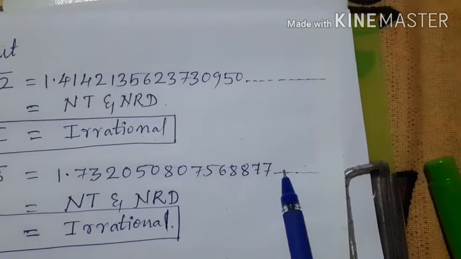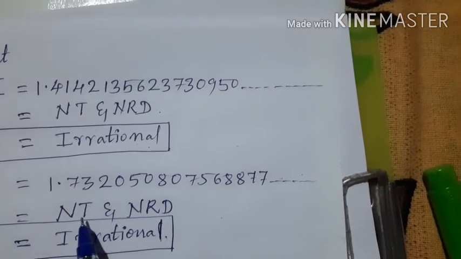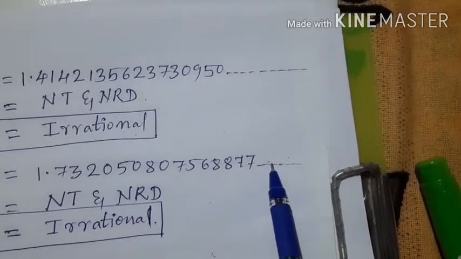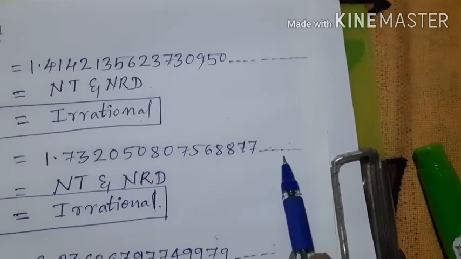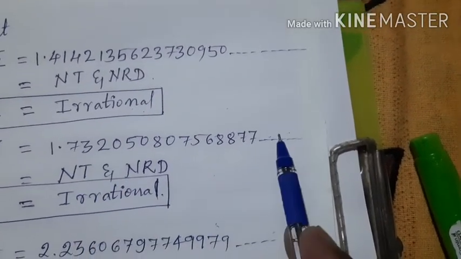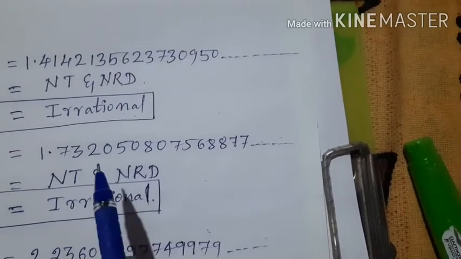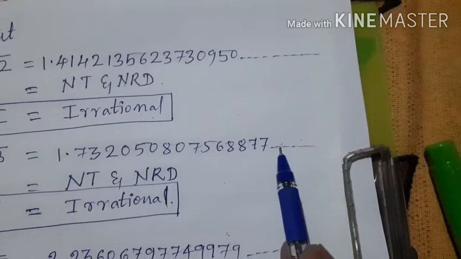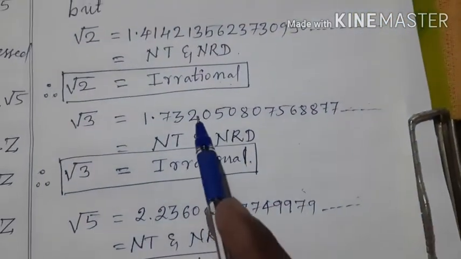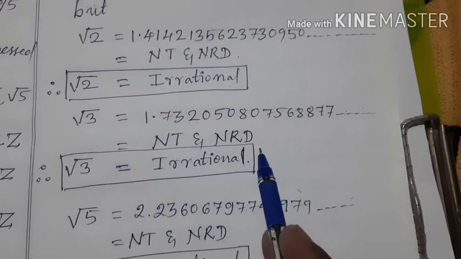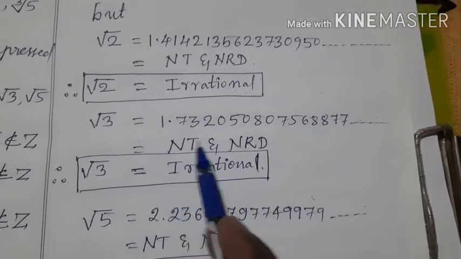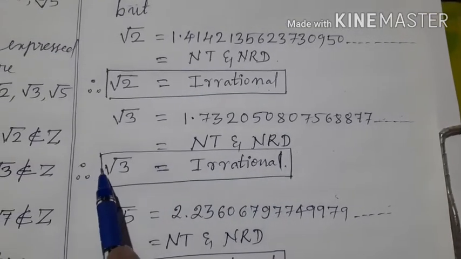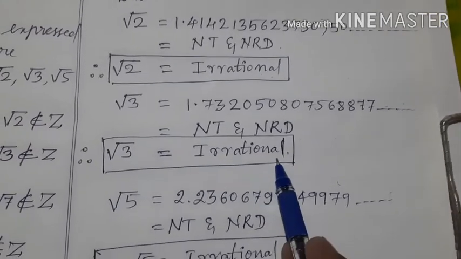And in the decimal part, is there any single digit repeating or a group of 2 digits or a group of 3 digits repeating? No. That is why it is a non-recurring or non-repeating decimal. Therefore, this is a non-terminating and non-recurring decimal, which is an irrational number. Thus root 3 is irrational.